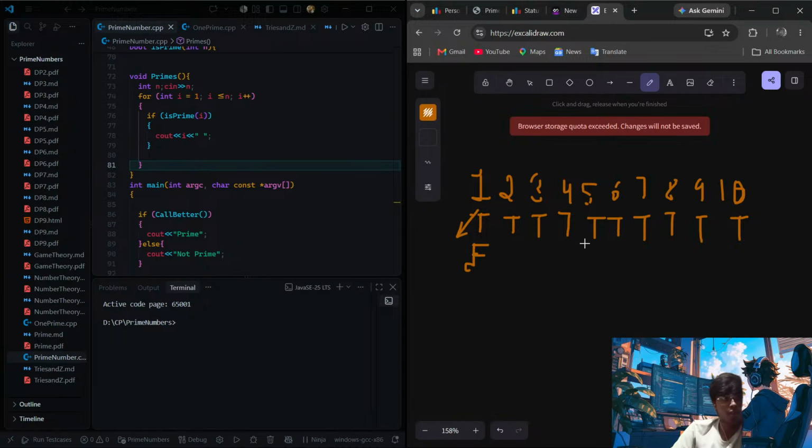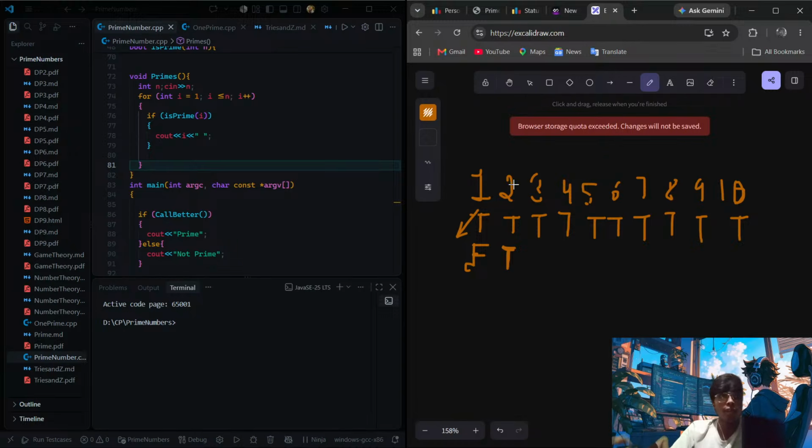Fine. Now, the second thing we know is that 2 is a prime number. If 2 is a prime number, then every number that is divisible by 2 will never become prime. So any number which is divisible by 2 will never become prime.